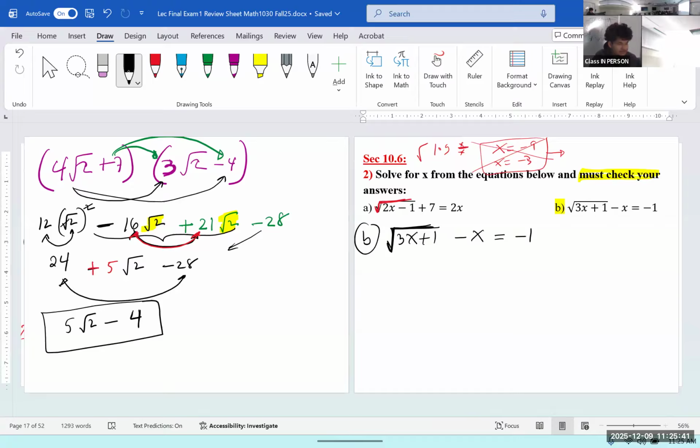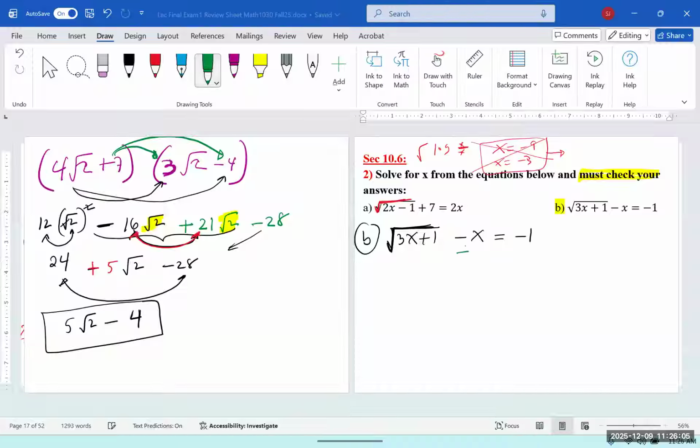To solve a radical equation, do you remember we talked about bodyguards? When a radical has anything in the front or anything on the side, they act as a bodyguard. So radical is very strong around bodyguards. So that's why first you have to kill all the bodyguards so that the radical is alone. For a radical equation, our goal is to get the radical alone on one side. So we add x to both sides and we kill this bodyguard.